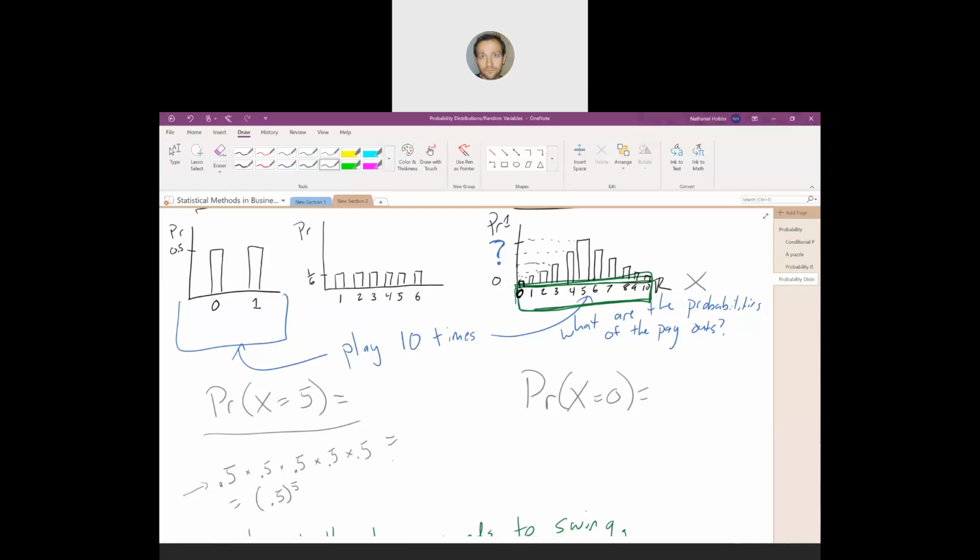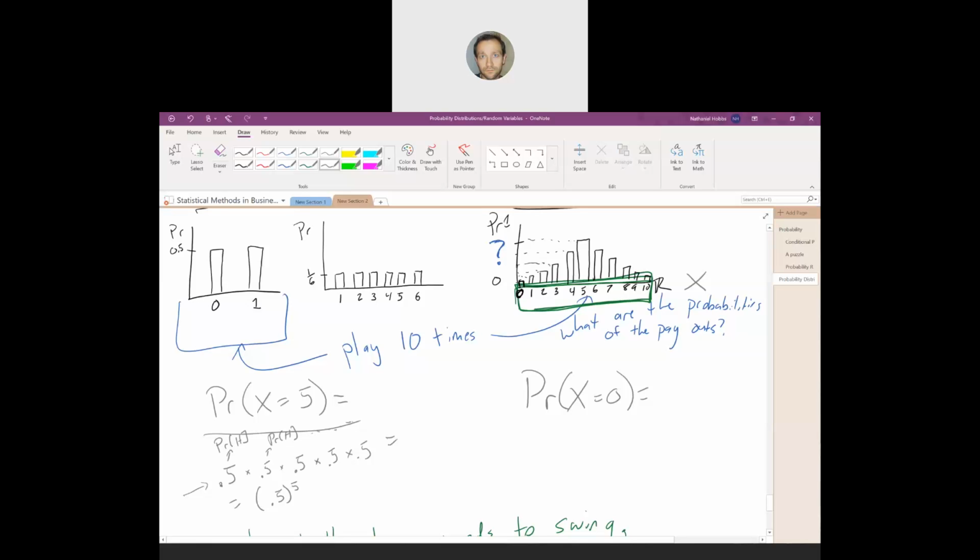Like, why is it 0.5 times 0.5 times 0.5? You say that the 0.5 is like the probability of flipping heads on each individual coin flip. All right, whatever. And on and on and on.